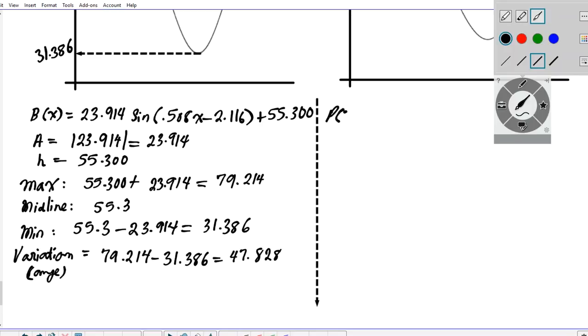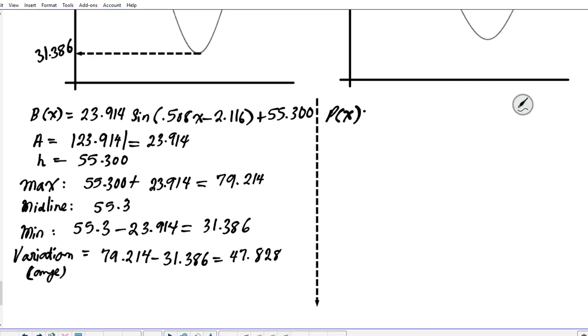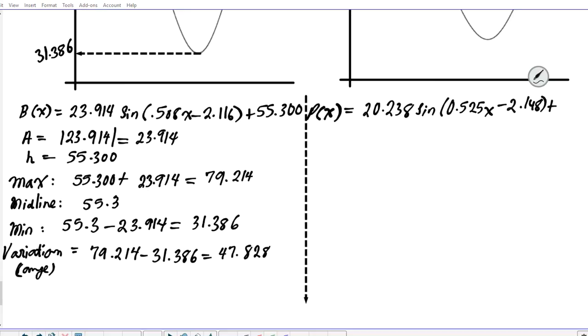So p of x is 20.238 sine (0.525x minus 2.148) plus 86.729.